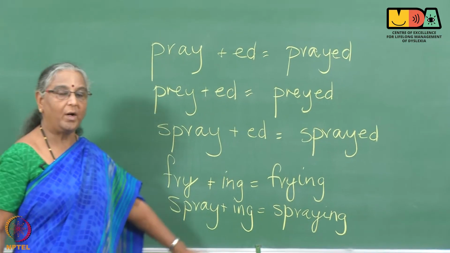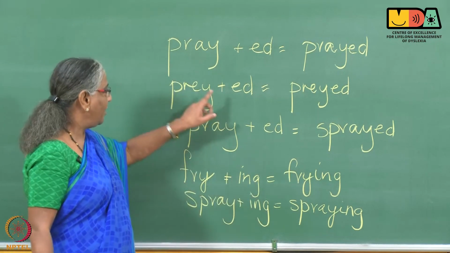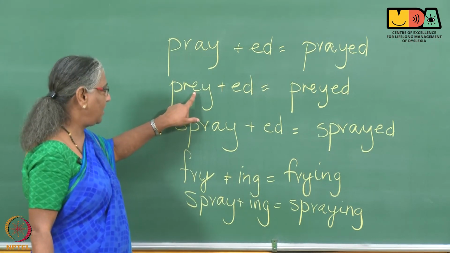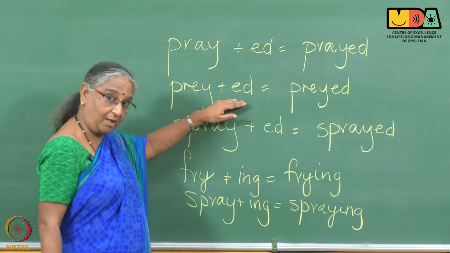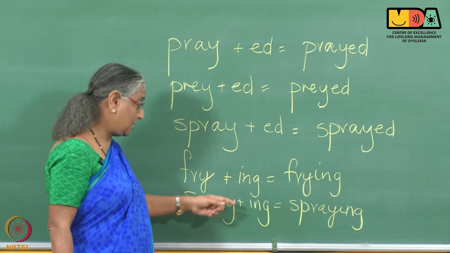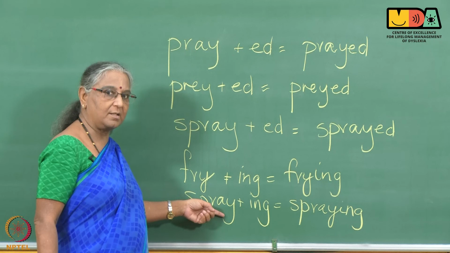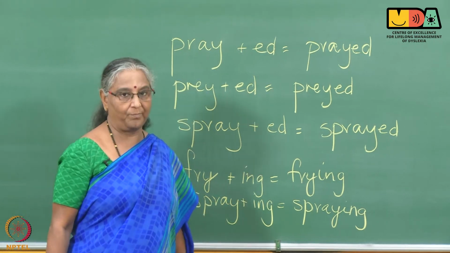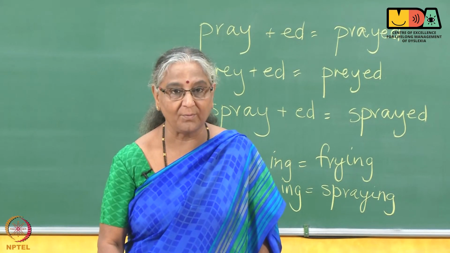The word that I get is spraying. So, if you notice, when there is a vowel before the Y, or if it ends in Y and you want to add ing, in both these cases the Y remains the same, and that would be your morphology rules.